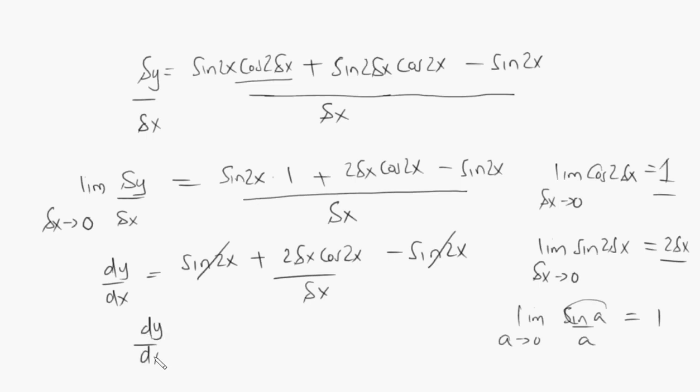So my dy dx will be equal to 2 delta x cos 2x over delta x, and my final answer will be 2 cos 2x. So this is what I have obtained: for y equals sin 2x, I get dy dx equals 2 cos of 2x.